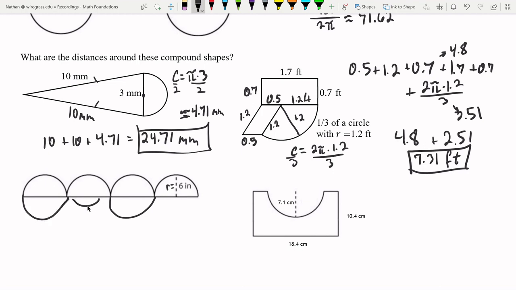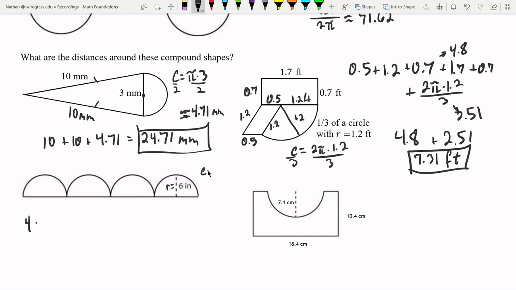We just grab this portion, move it over here. I have 2 full circles. Same idea. However you think about it, that's fine. So we're going to have 4 of them total. And then they're going to be half the circumference, so the circumference divided by 2. And we have the radius.